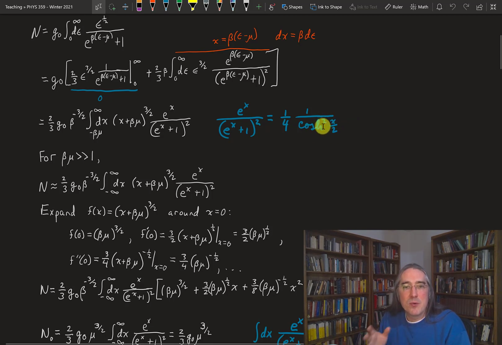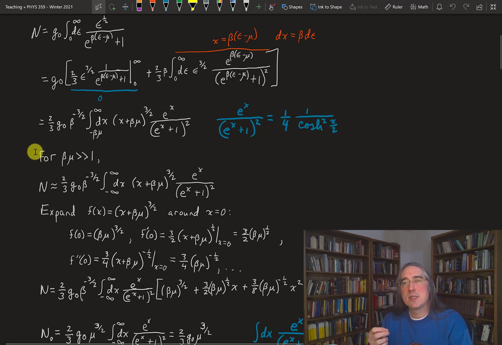Remember what we were looking at: this x is beta epsilon minus mu, and we said it would be peaked where epsilon equals mu. So great, we've got our integral localized around x. Now, what does that do for us?